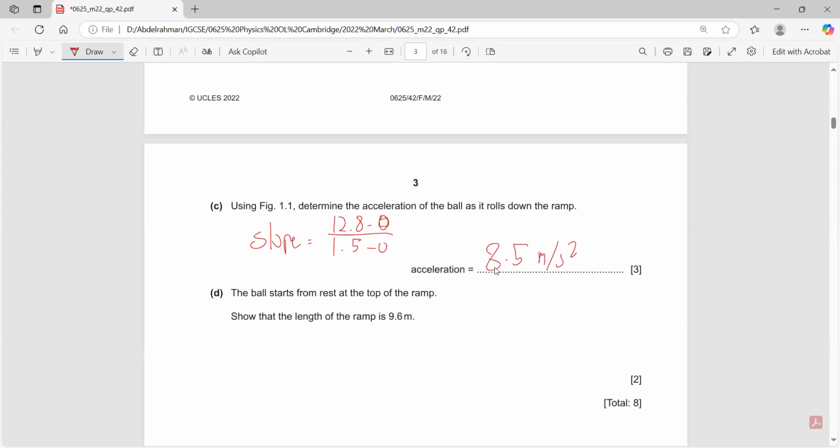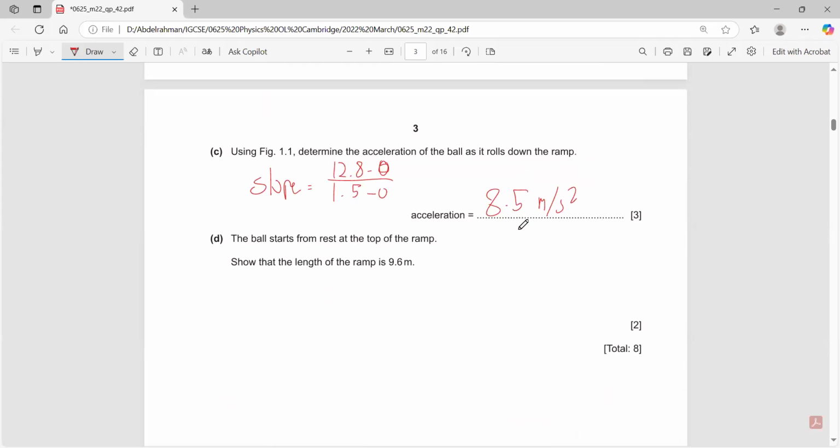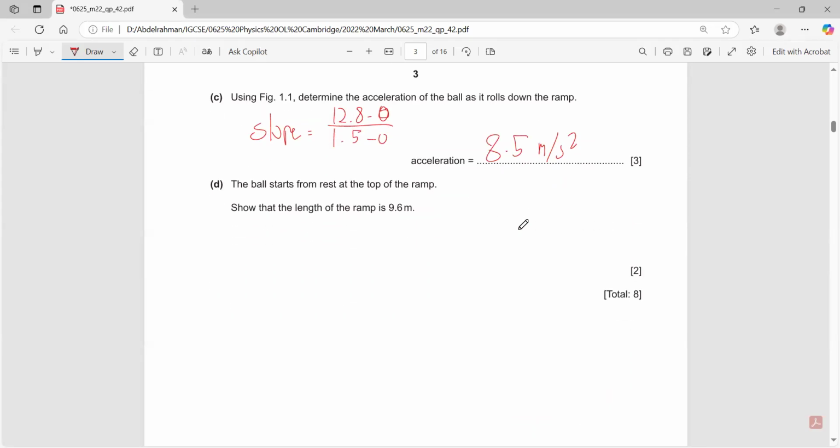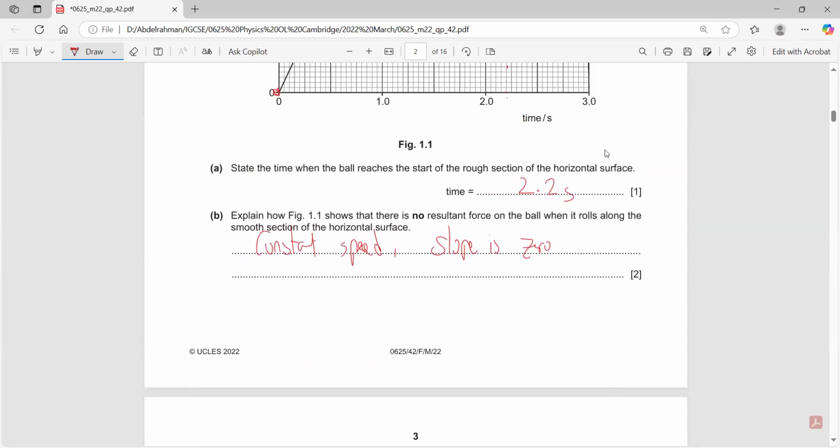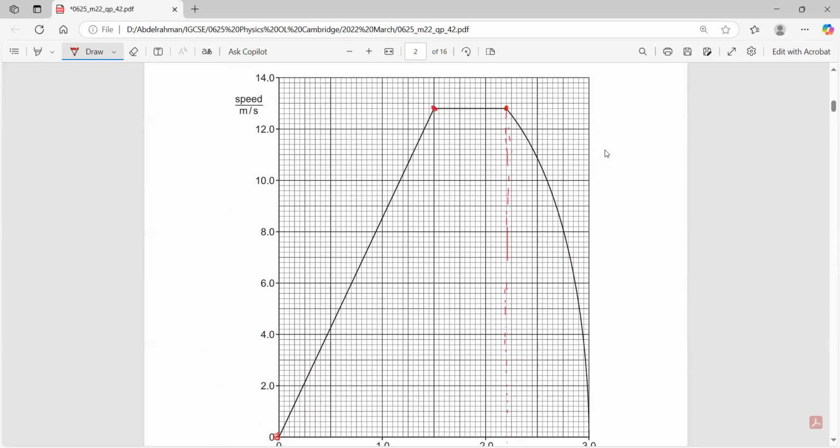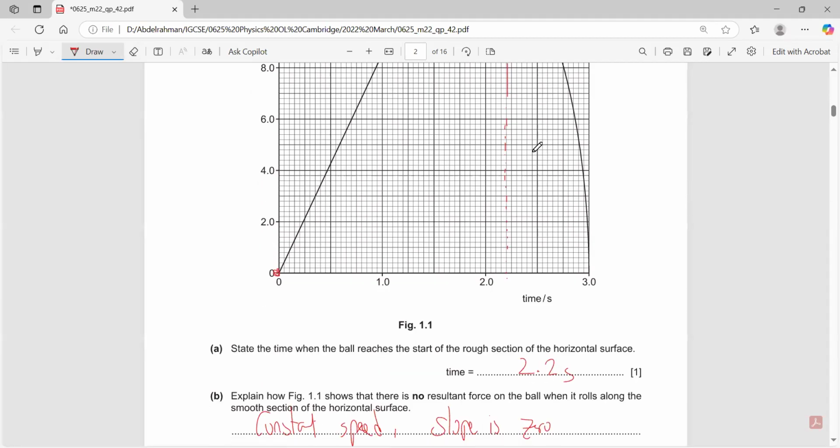The ball starts from rest at the top of the ramp. Show that the length of the ramp is 9.6 meters. Distance. Can I show that the length of the ramp is 9.6 meters? Yes. Distance is the area under the graph. So the area, which is a triangle, is half times base times height. The base is 1.5, the height is 12.8.